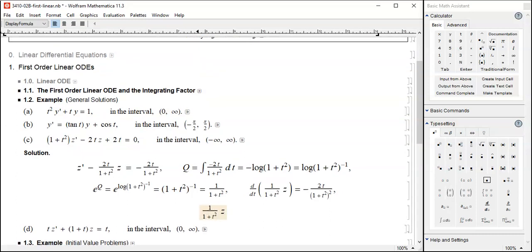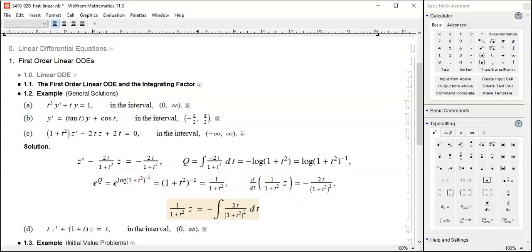z is equal to the antiderivative of this. Is this something you can calculate easily? Well, I have 1 plus t squared down here, and its derivative is up here. So yes, you can use integration by substitution.